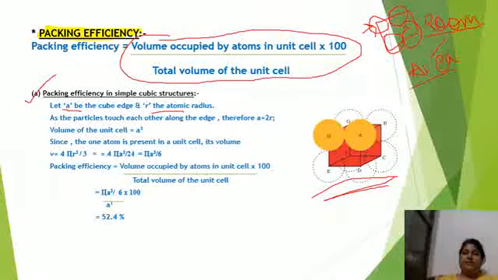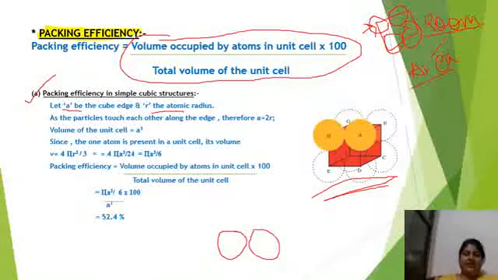In simple cubic, suppose we consider that these two particles touch each other. Particles are very closely connected to each other and they are touching each other. This is one particle, this is the second particle.